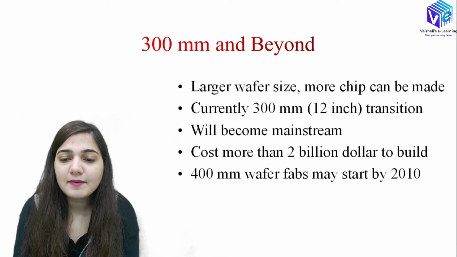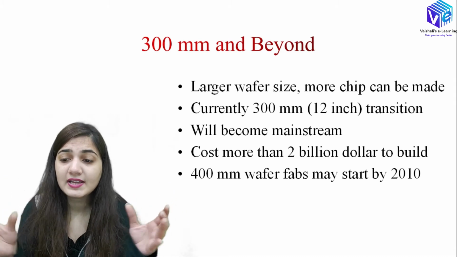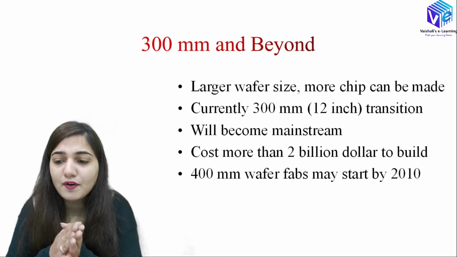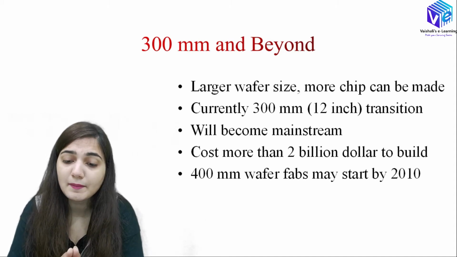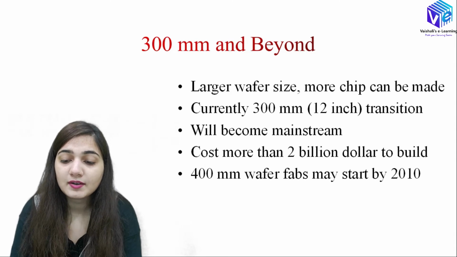Coming to the 300 mm size and beyond, if I have larger and larger wafer sizes, we can cut out more chips from the wafer. We currently have the 300 mm transition, which is 12 inches. It will become mainstream, but it costs more than $2 billion to build 300 mm wafer fabs. And 400 mm wafer fabrication was started by the year 2010.